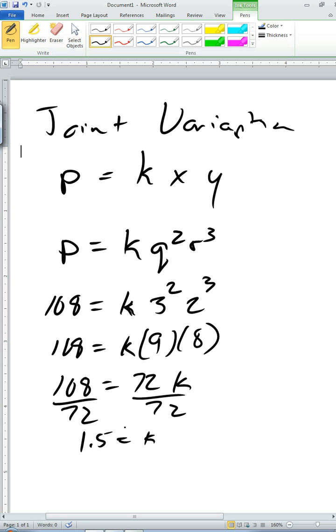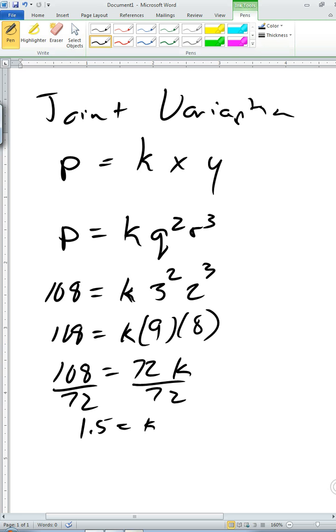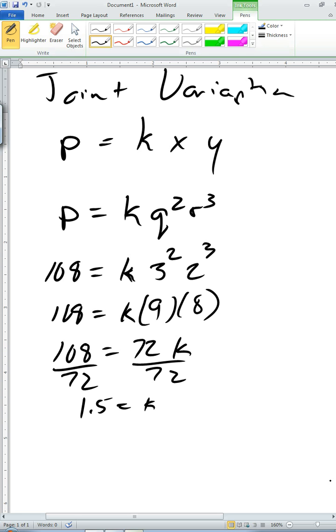Okay, so now that's our constant. Now we have to go back and plug that into our original equation, right here, this one. So we're trying to find p now when we know our constant k is 1.5 times, and I think it says that q this time is 4 squared and r is 3 cubed.